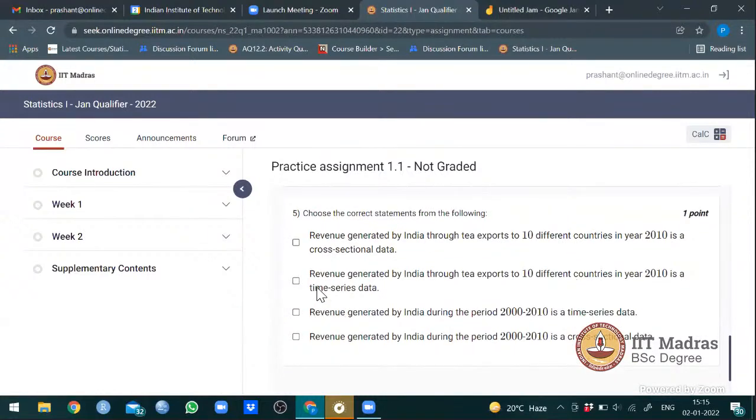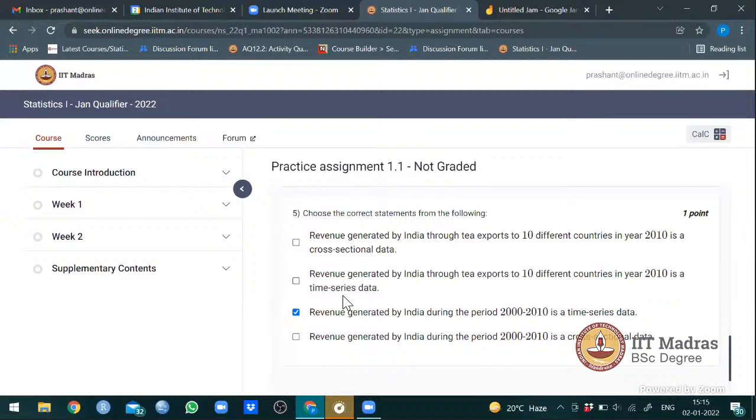Have you got the concept of what is cross-sectional data and what is time series data? Yes, sir. Tell me according to you which options are correct. So second and third.